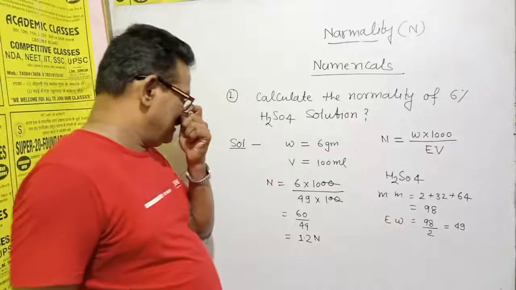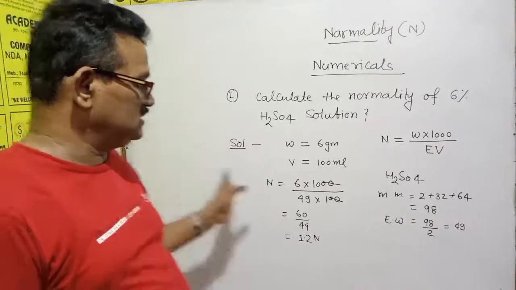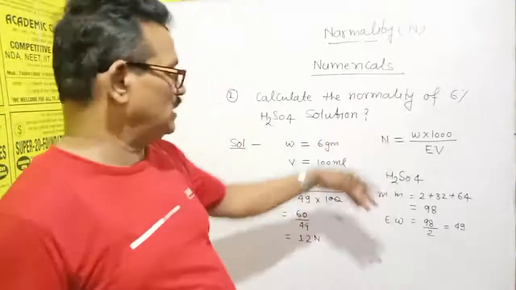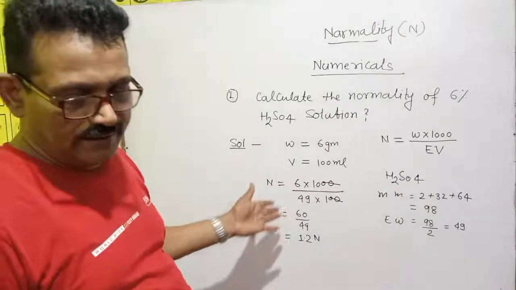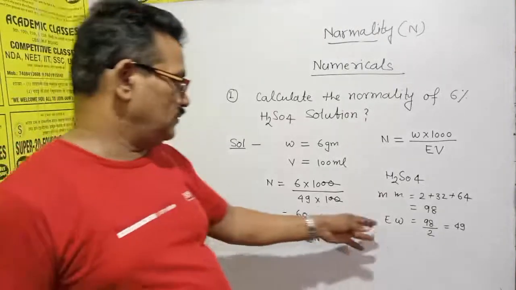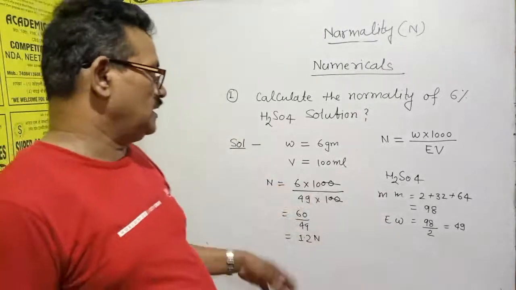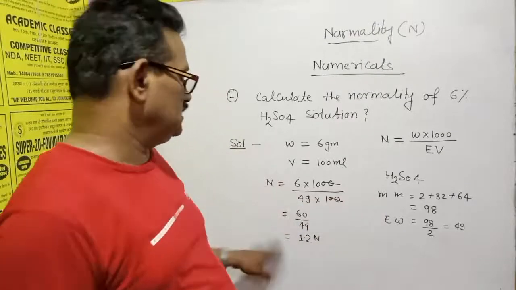Okay, student, this question is very easy for you. First you calculate the equivalent weight, then put the values of all components in this formula.